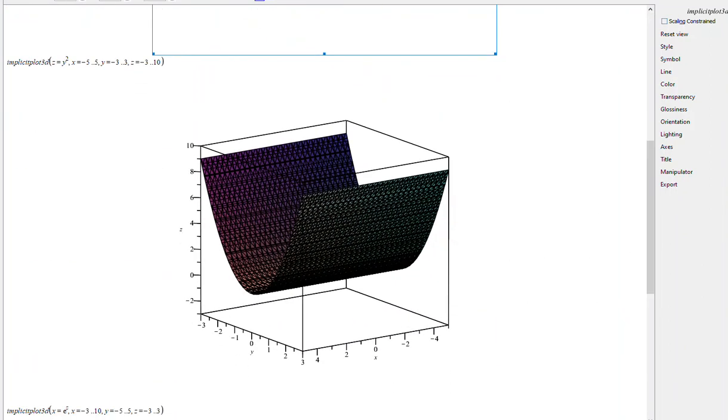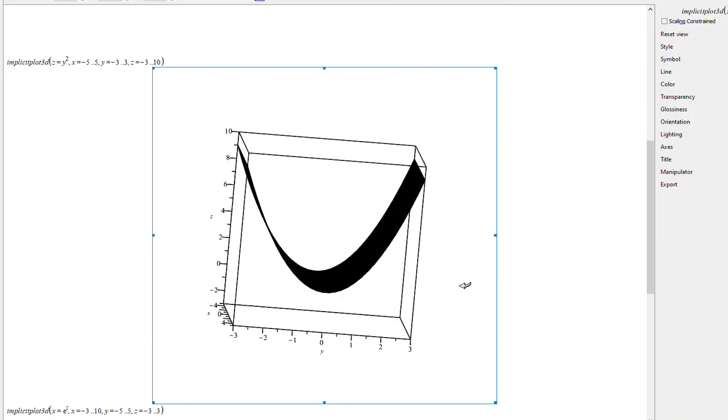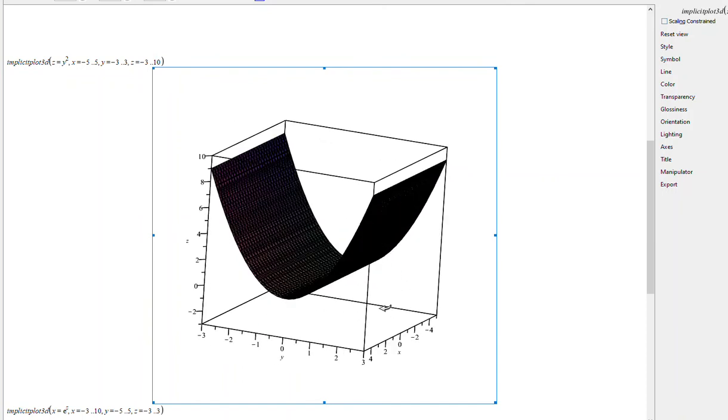All right, here's our second one, Implicit Plot 3D, and here's that z equals y squared, right? The one that turned out to be the parabola pulled parallel to the x-axis. And let's see, move that around so you can kind of see it.